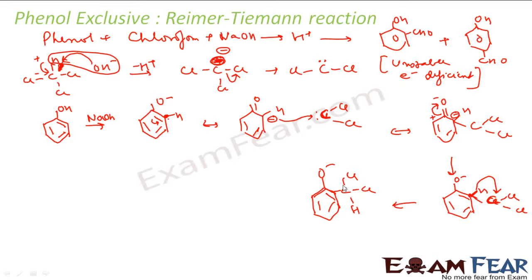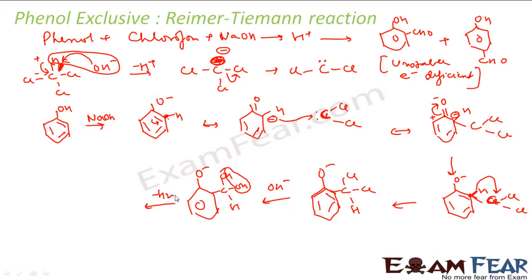Till this point is clear. Now what I was doing is we are adding OH minus here again. To OH minus. That will replace this chlorine. So what you get here is, instead of chlorine, I get OH, OH, and H. Now if you see, in one carbon I have two OH group, definitely water will come out and double bond will be formed.